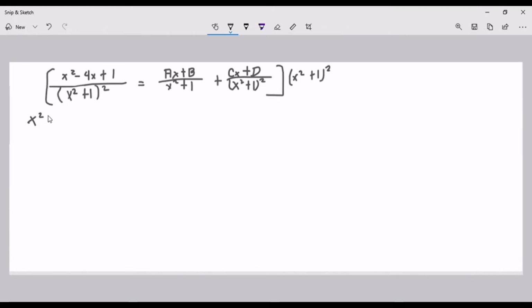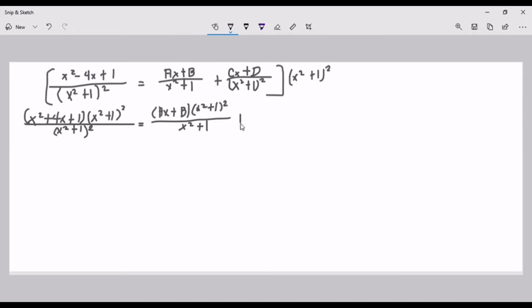We will multiply this LCD to the numerator and then divide it by the denominator. So we have now x squared minus 4x plus 1 times x squared plus 1 squared all over x squared plus 1 squared, and then multiply the numerator of the first factor to the LCD, then divide it by its denominator.